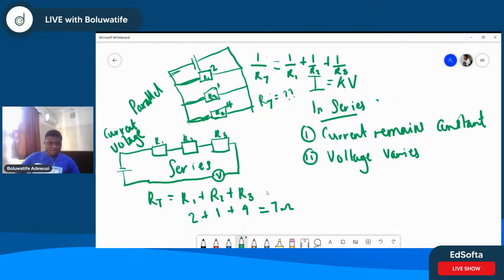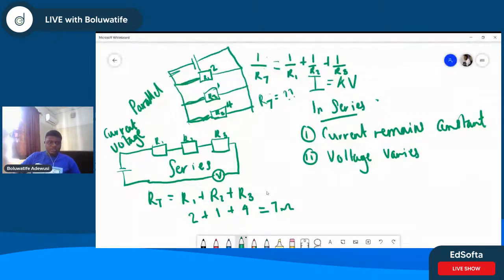Because they are connected in series, right? So when you release current here, because this wire is the same wire, do you understand? The flow of the current across these wires is the same.